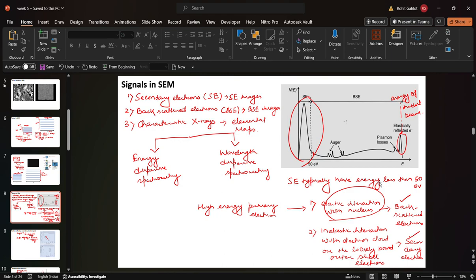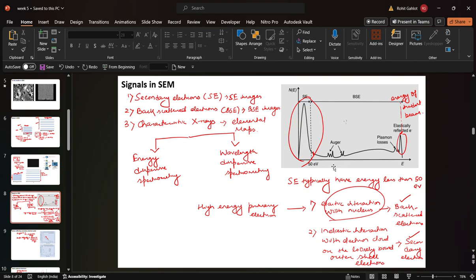Here I have summarized these three signals majorly: SE signal, backscatter, and the characteristic X-rays. Your X-rays can also be classified into EDS and WDS. Here you can see that the secondary electron is the most important signal if you want to see the morphological or topological details of a specimen.